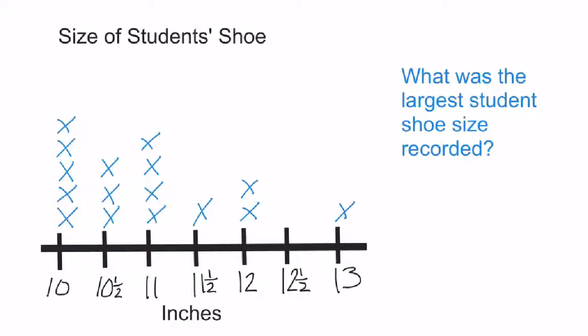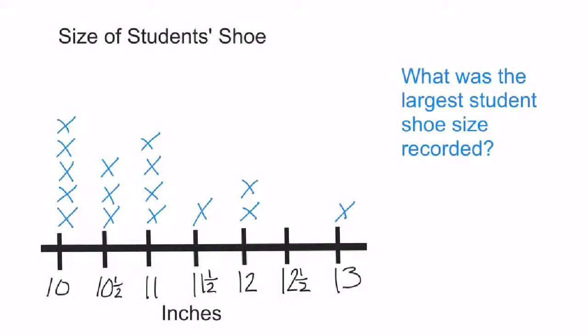So when we look at this question, it's asking what was the largest student shoe size recorded. So this isn't asking about a number of students. This is asking about the size of the shoes. So I'm going to be using my number line to find my information. So I can see that the largest number I have is 13, and there is a student recorded there.